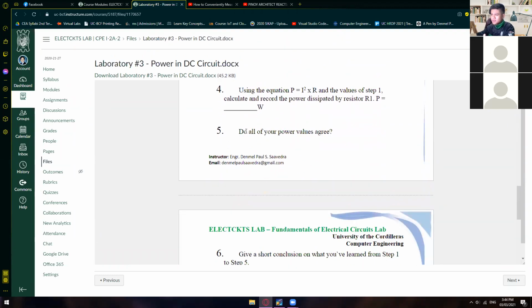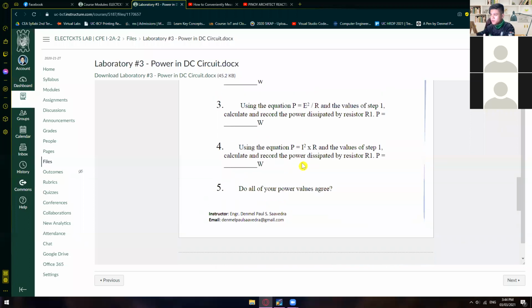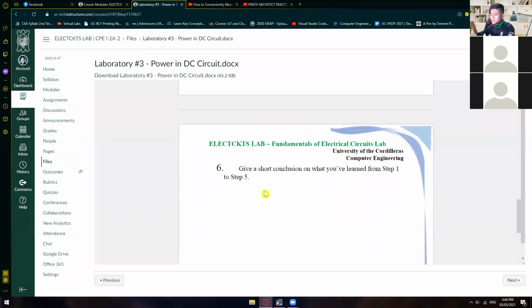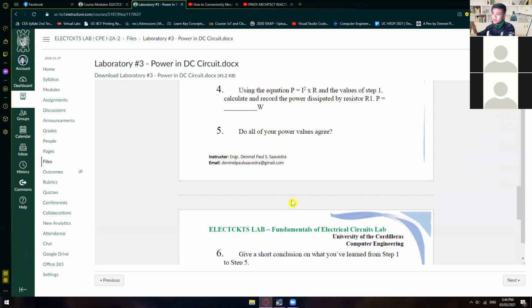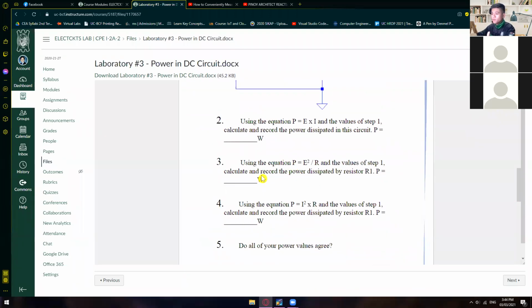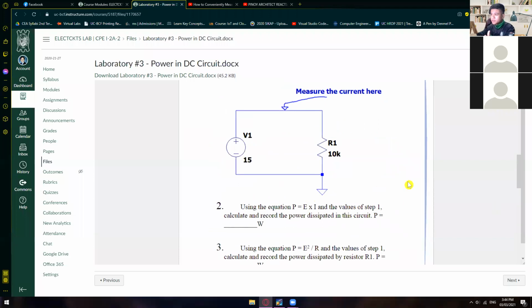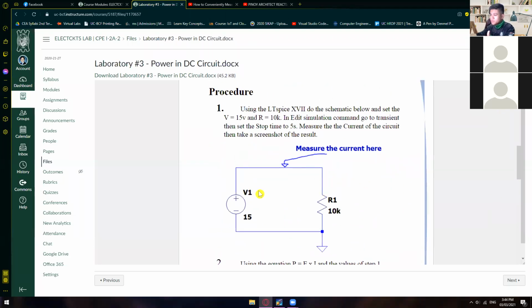And then, do all of your values agree? So yes or no, if all of them agree or not. And then just a short discussion, a short conclusion or opinion from what you have learned from 1 to 5. The reason why this one is super simple is because I just would like you to see the computation that you will get manually, and the computation that you will get if you use AltiSpice.